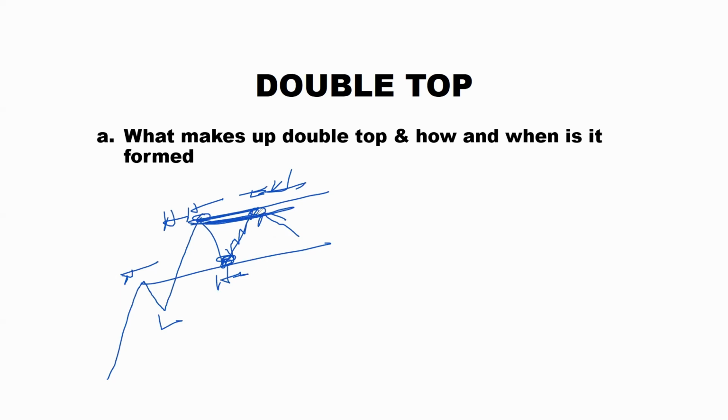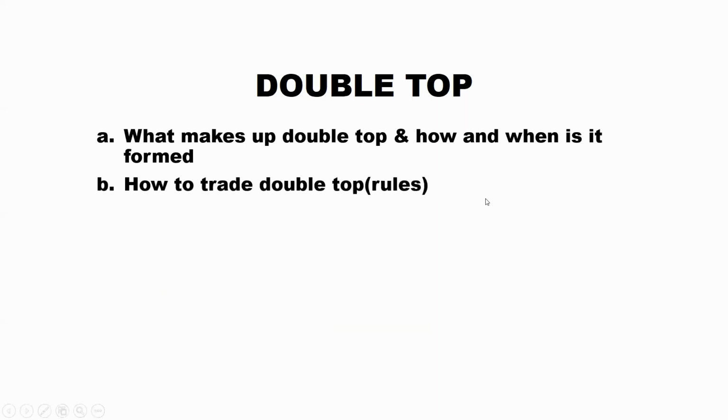Then another point that you have to consider is the aggression with which the sellers break this point, because we need this point to be broken, and we introduced this point to a new term, which is called the neckline. It becomes a neckline, right? So this is what makes up the double top. Then we also looked at how and when it is created. Are we together?